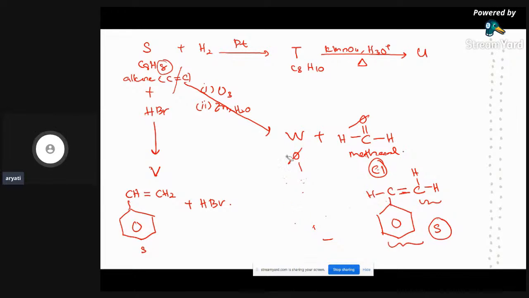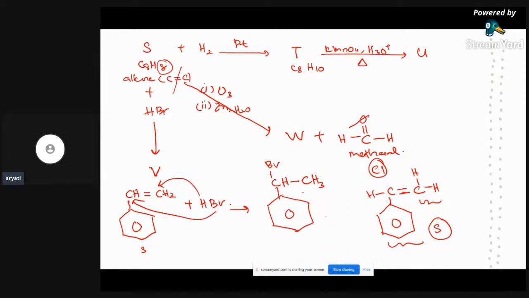So bila dia obey Markovnikov, H akan masuk pada carbon yang lebih banyak H. So H masuk kat sini, Br akan masuk dekat sini. So the structure for V will be CH. So double bond dah jadi single bond. So sini CH2 plus 1 jadi CH3. Ada Br satu kat sini. So this is the structure for V.